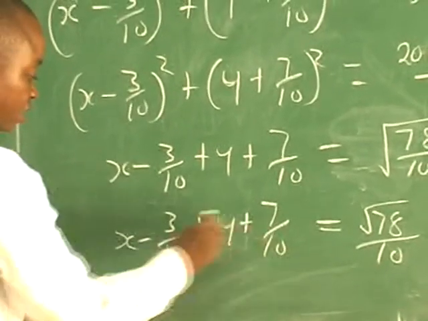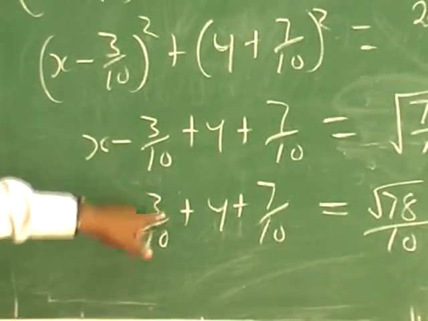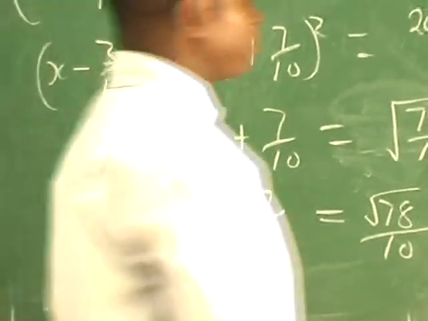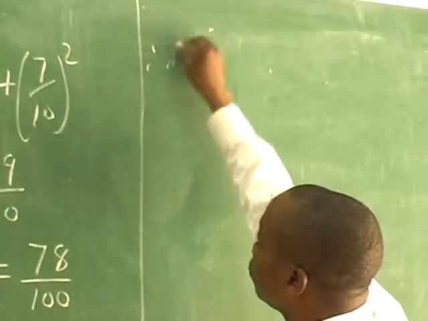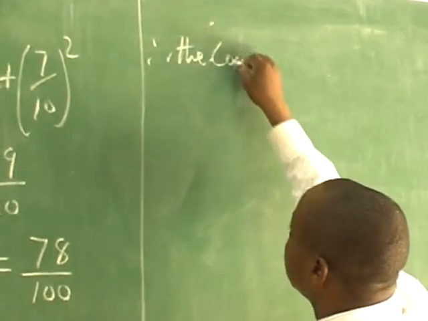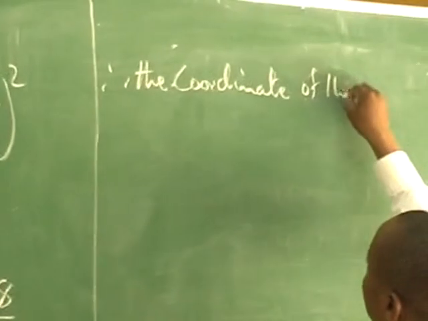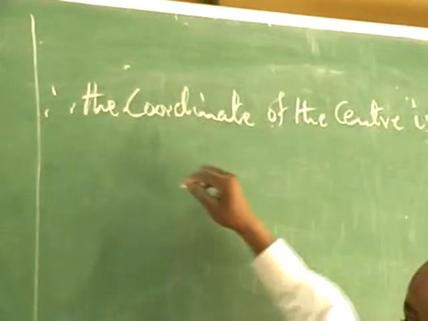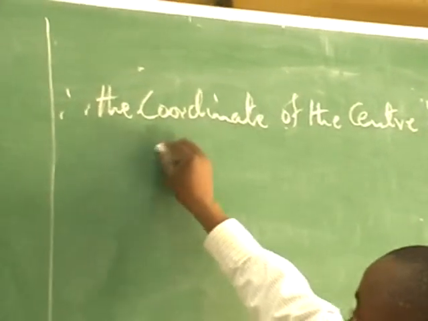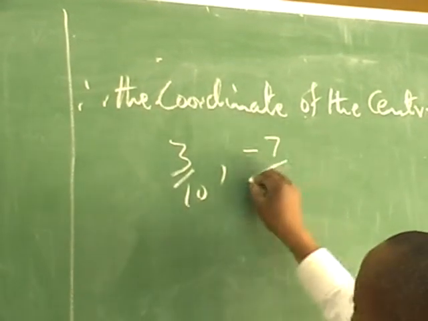So we now see in this equation that this is the coordinate of the center. Now that we have x minus 3 all over 10, it means the coordinate of the center is 3 all over 10 and then minus 7 all over 10.